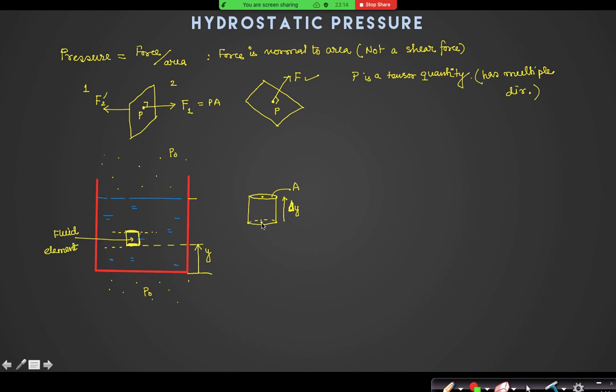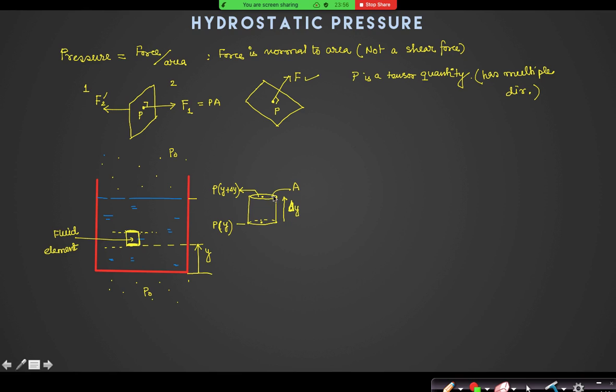If I say that pressure at this level is P of y, because I am interested to find the pressure as a function of y, what is the pressure at this point? So P of y plus delta y. Yes, good. Now I am going to write down the force directions. Be very careful that on this body, I am only interested in the force by the surroundings.